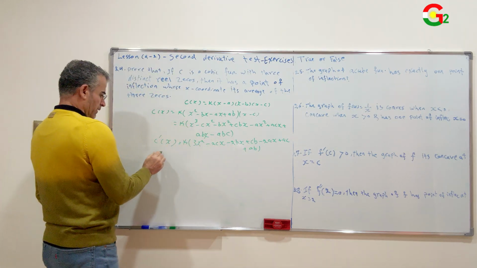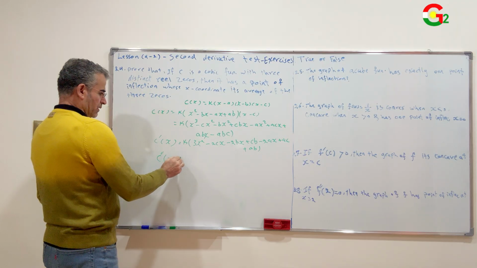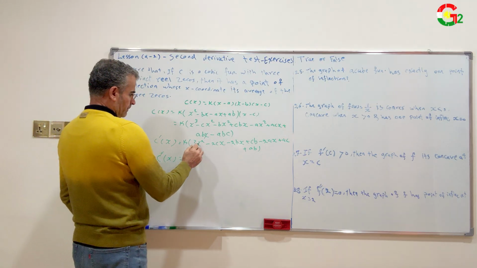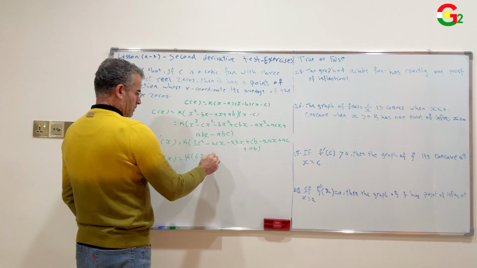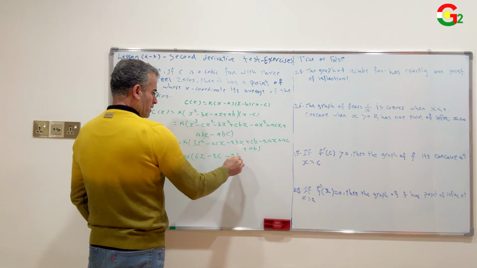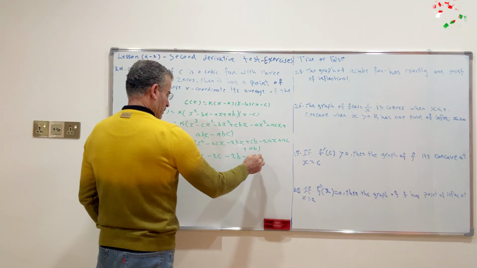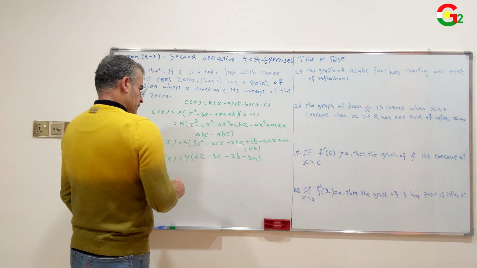The second derivative is c double prime of x equal to, differentiating this function, 6x minus 2c minus 2b minus 2a.